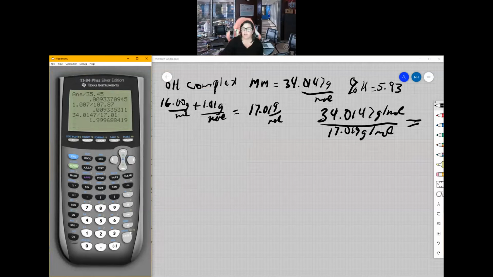And that gives me 1.9999688, which is 2. All right. So this calculation gives me 2. That means I need to multiply the empirical formula, the OH, times 2. And of course, what that means is that I end up with H2O2, because that's how that works. Okay, awesome. That's one way to do it.